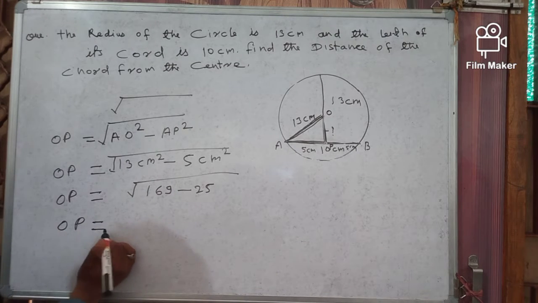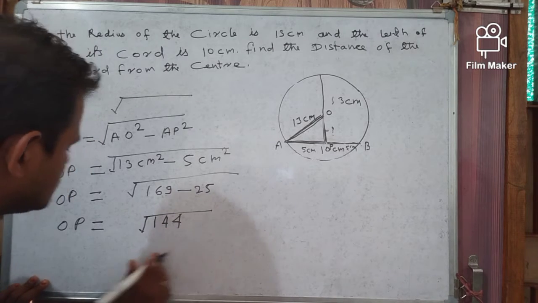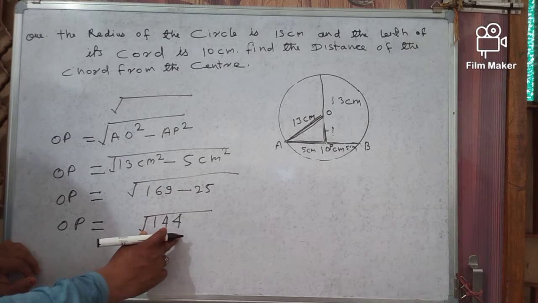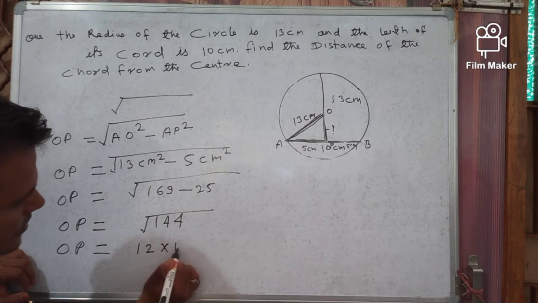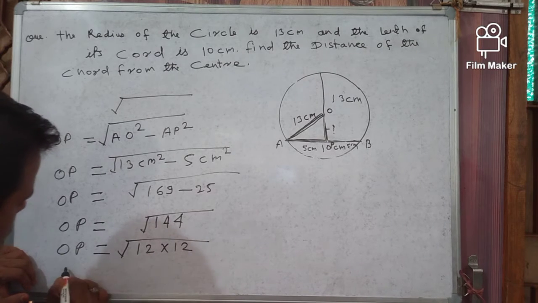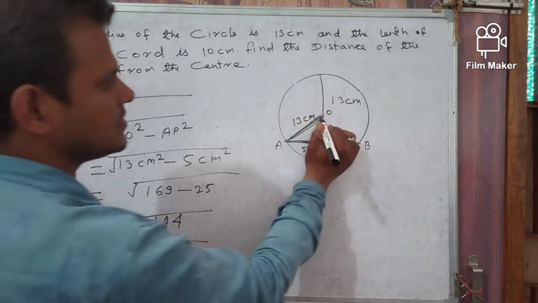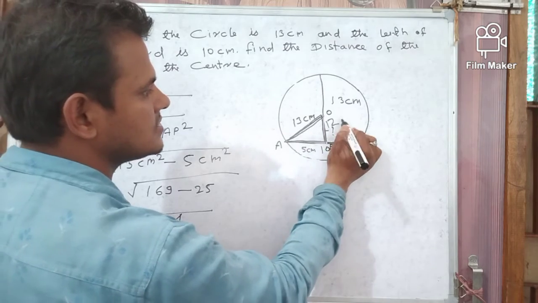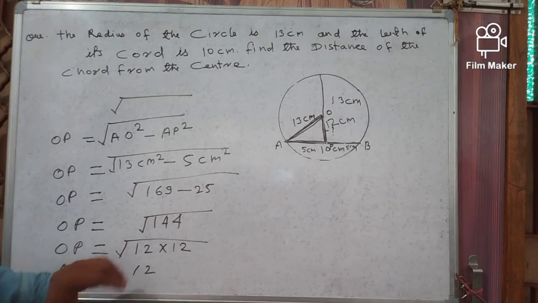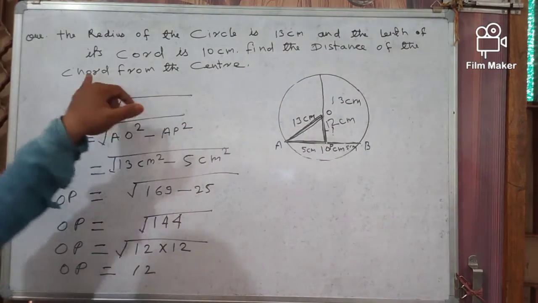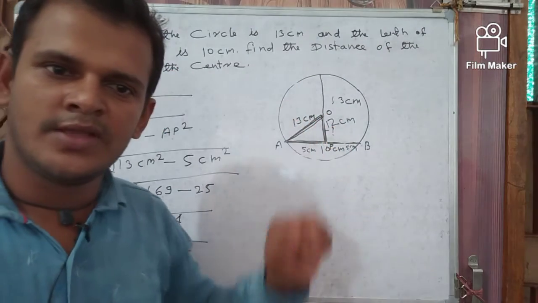OP square is 144, so OP is under root 144, which is 12. So this distance is 12 centimeter, and this is the answer of this question. Our target was to find the distance of the chord from the center, here to here, right friends?